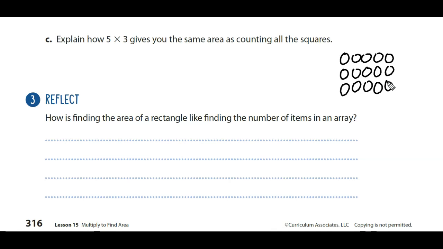So I could put a little square in each one of those. What's the width? 3. What's the length? 4. It's the same thing. It's just that instead of having squares connected to each other, I'm putting circles inside each one of those. So if I want to know how many items are in an array, it's 3 times 5. If I want to know the area, 3 times 5.